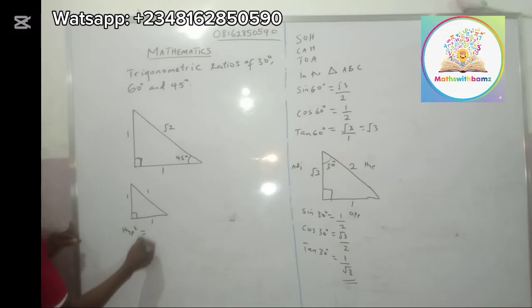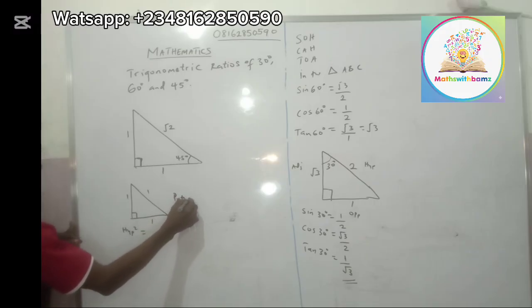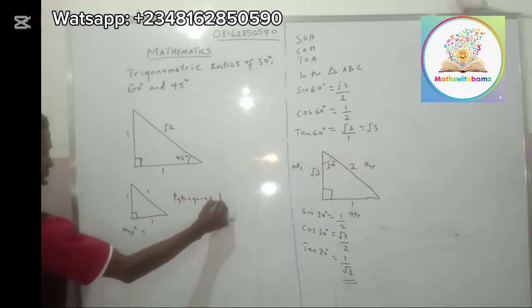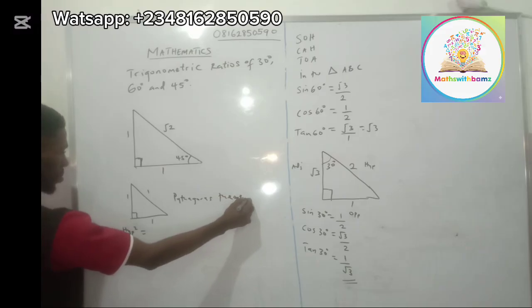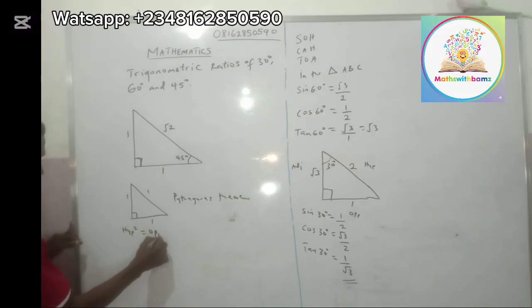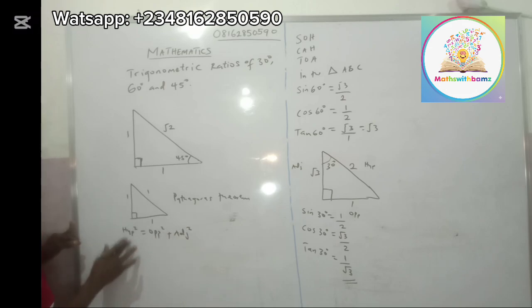Using Pythagoras theorem, opposite squared plus adjacent squared. Let me say here is x. So that will be x squared, because we're looking for x.